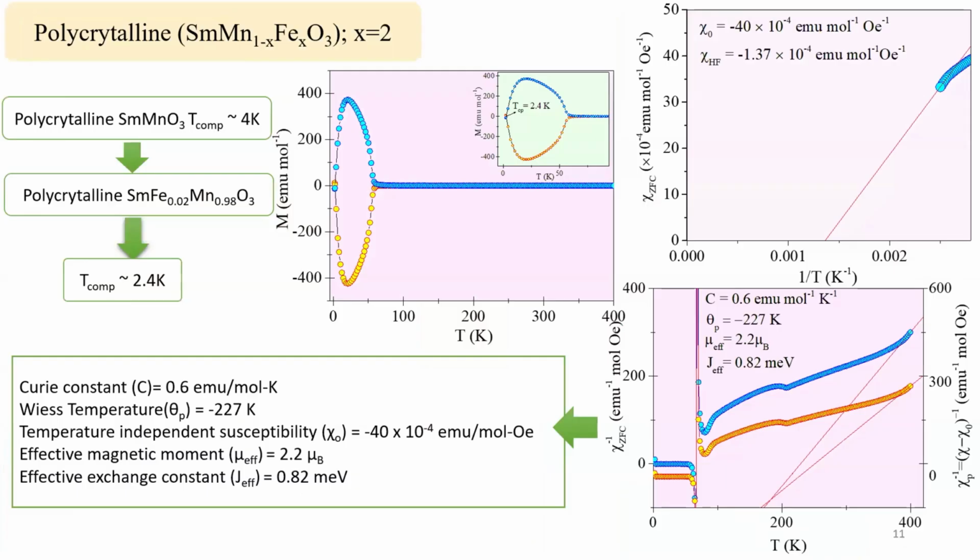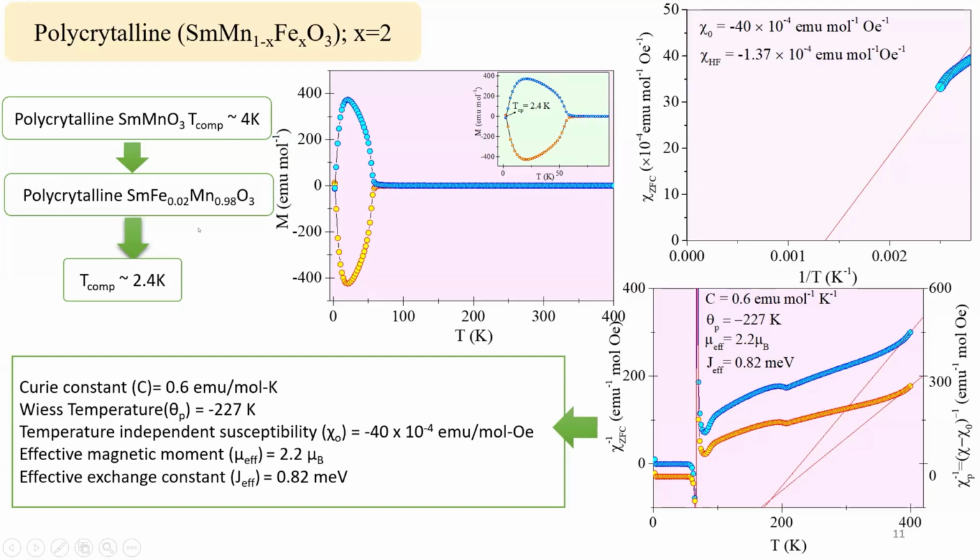Then we go for another doped sample, where x is equal to 2%. We dope Fe 2% to see what changes we have seen different from the single crystal. When we doped 2%, the compensation temperature is tuned to 2.4 Kelvin.